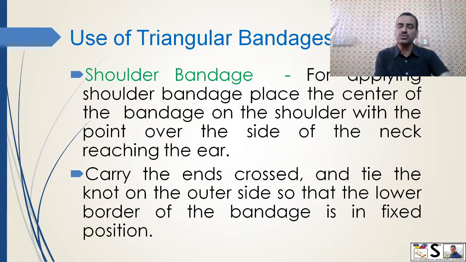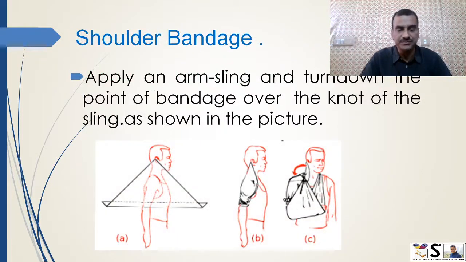Carry the ends crossed and tie the knot on the outer side of the arm so that the lower border of the bandage is in a fixed position here. You can see in the picture. Apply the arm sling also. Then we apply the arm sling and turn down the point of the bandage over the knot of the arm sling as shown in the picture.